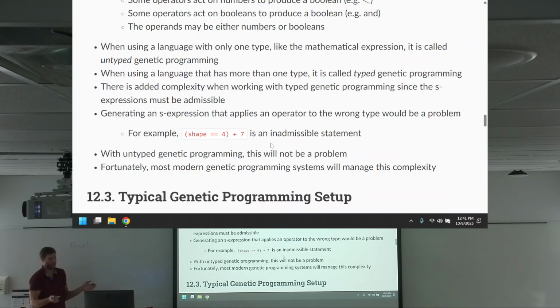So maybe we have to redefine it: num, bool, bool, num, bool, bool, right? Depending on what it is, although this could become a problem if its return type can be one or the other, because anything above it is going to expect one or the other. So that might not work depending on how your system is set up. You might need to say, well, no, it either is going to be a number or a Boolean. It can't be one or the other. It's either going to return one or the other to make it type safe.